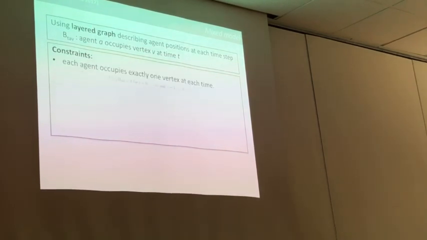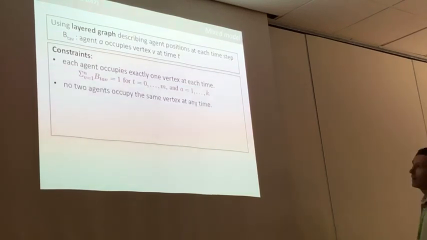And then we can describe the constraints in a slightly different way, like agent occupies exactly one vertex, so we take all the variables for that agent in a given layer, we make a sum of them, it must be equal 1, which is exactly one constraint that has been described using these two clauses before.